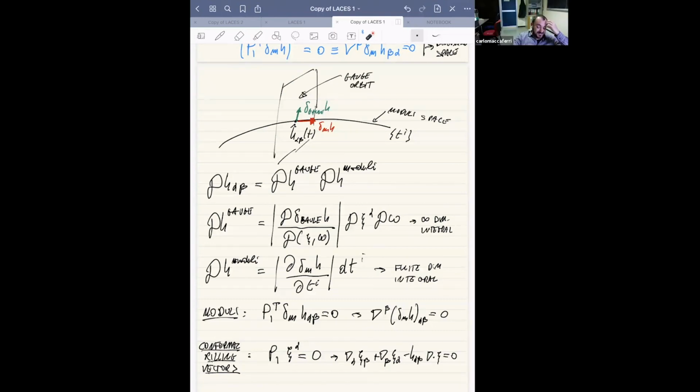So you see, this is essentially the reason why it is convenient to define this operator here. It is natural to define because it is traceless, so it gives rise to an irreducible representation. So that's a map from vector fields to traceless rank two tensors.